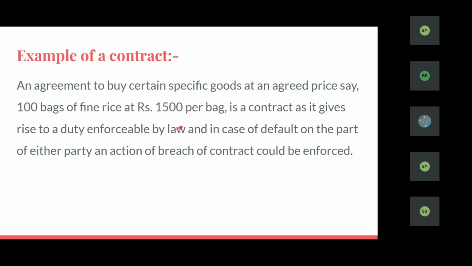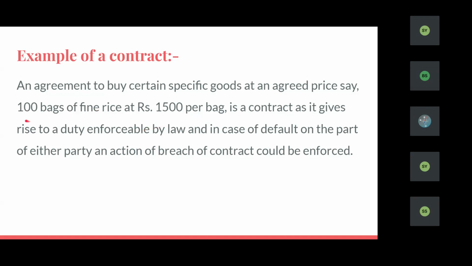Both of you know that 100 bags of rice are to be supplied, and the trader will be getting 100 into 1500.